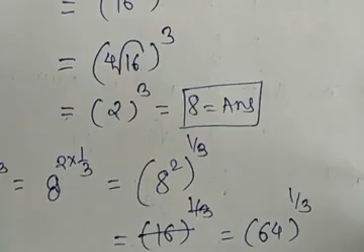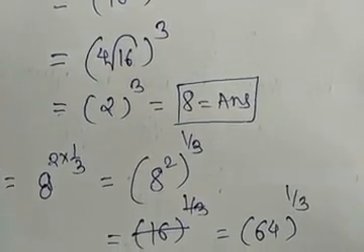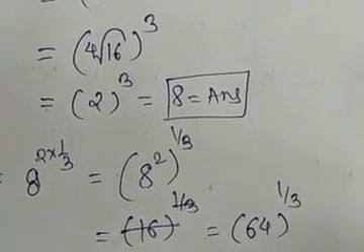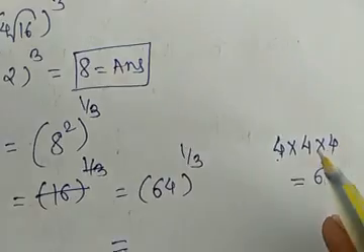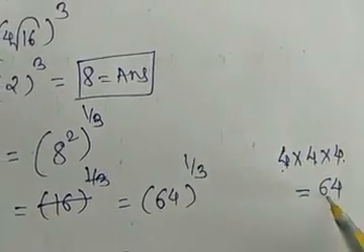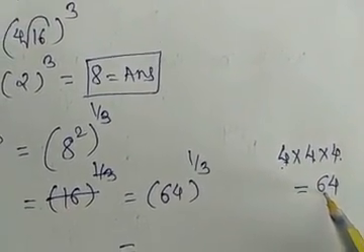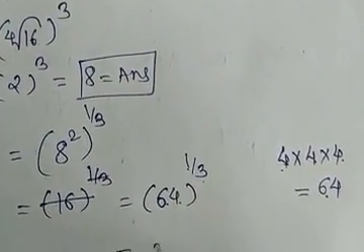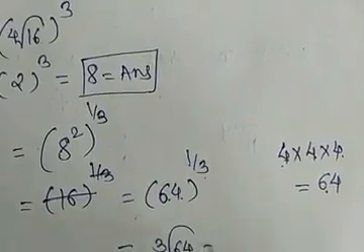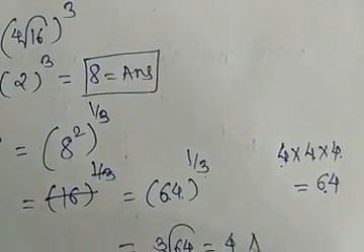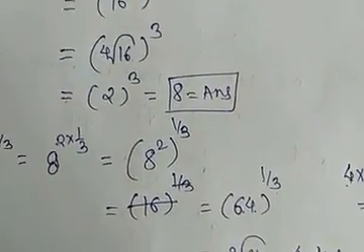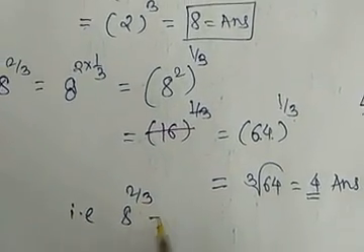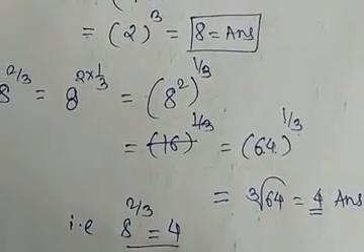I think 4 into 4 into 4 gives 64. If we multiply 4 three times, its value is 64. So here 64 raised to 1 by 3 means the cube root of 64 is equal to 4. So our answer is 4. That is, the value of 8 raised to 2 by 3 is 4.